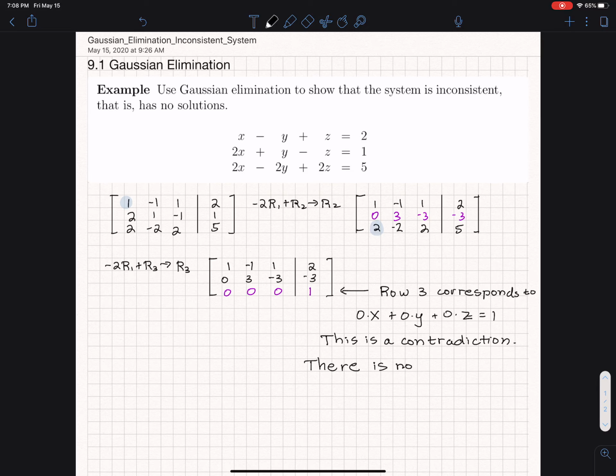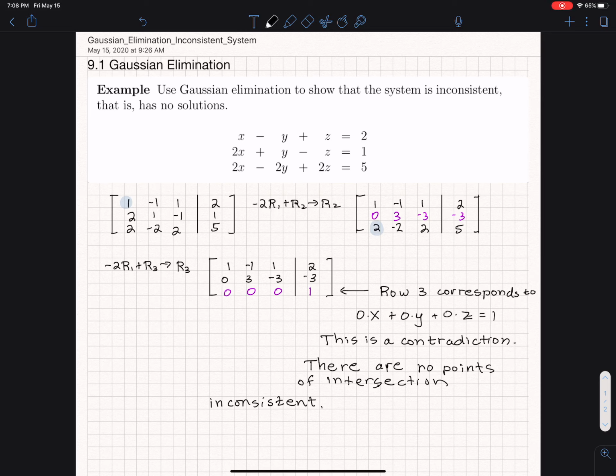There are no points of intersection, because when you solve these systems, if there is a solution, then those are the points of intersection. So this is an inconsistent system. I can just write inconsistent.